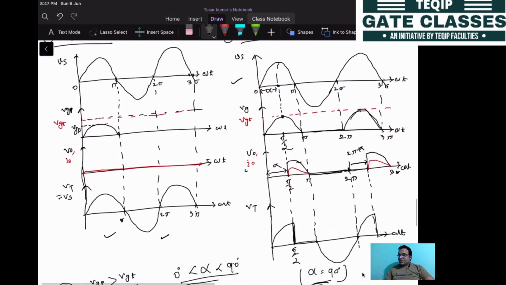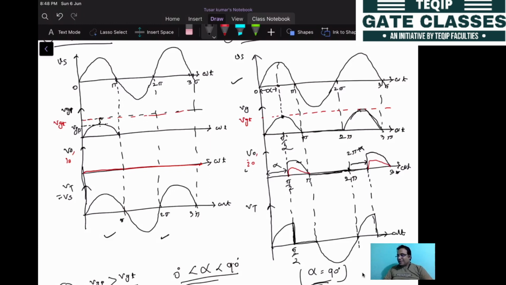Within that range only you can find, because you cannot go more than that, as you have tested the three conditions. Now look at why the maximum will be 90 degree. When this pulse is here, it will be touching the maximum point. So the maximum point is pi by 2.